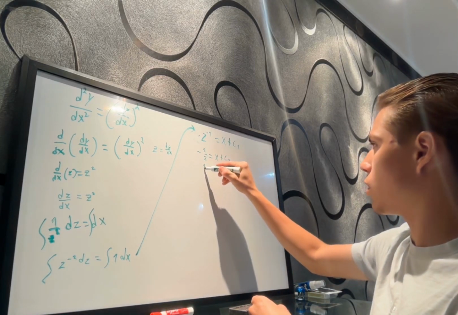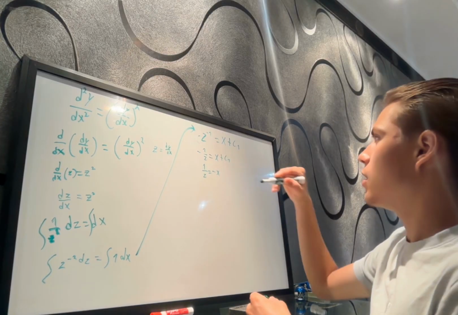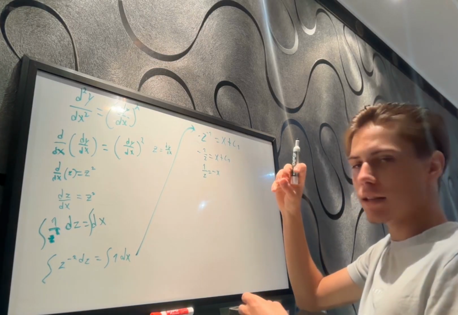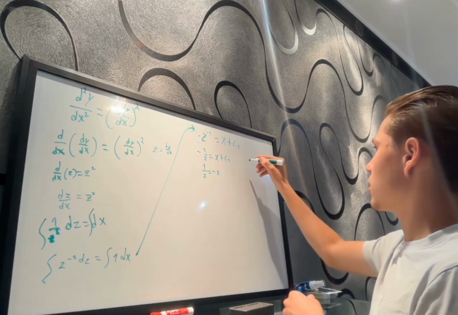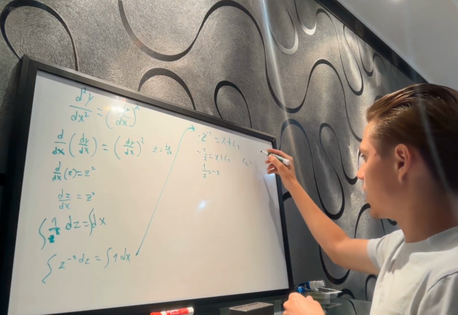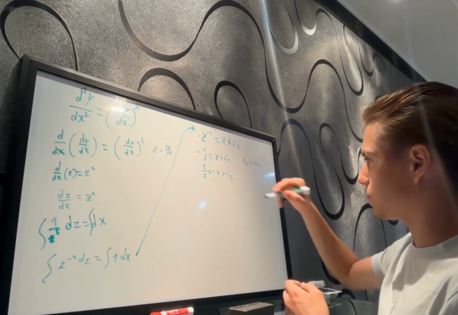So we can multiply all sides by the negative. We're going to have 1 over z equal to -x, and we could write minus c1, but instead I'm going to make a constant number 2, which is going to be the negative of c1. So here I can just write plus constant 2.